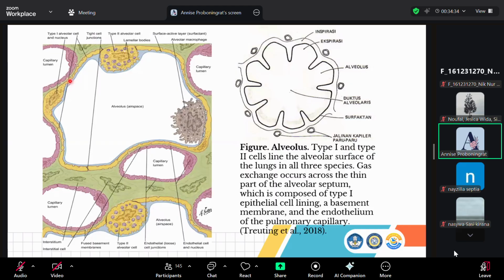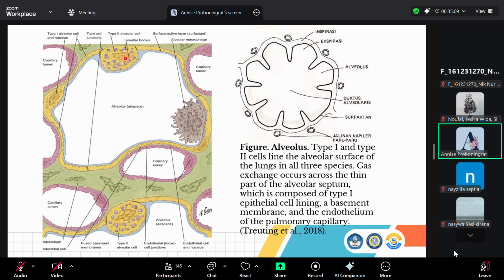It has a flat nucleus and cytoplasm and lines the entire alveolar lumen. And then there are type 2 alveolar cells that have a dome-like shape, and the nucleus and the cytoplasm of the type 2 pneumocytes protrude toward the lumen.